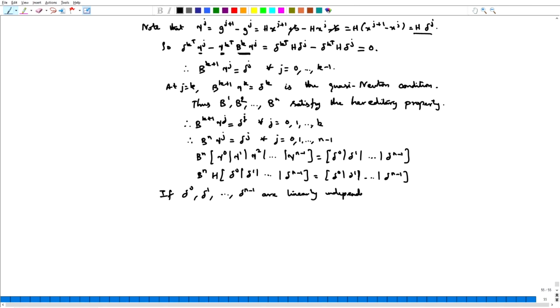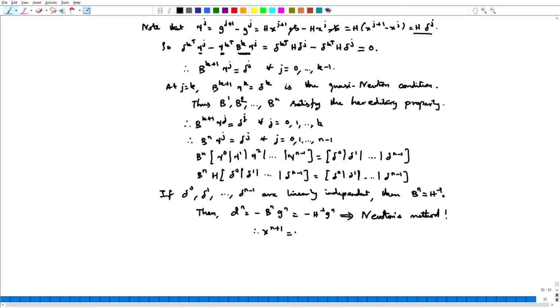If B n is equal to H inverse, then note that d n is minus B n G n, which is minus H inverse G n, and that is what you have. Okay. So, when you use this particular direction, minus H inverse G n, you actually get back Newton's method, and because of that you get the answer in just one step. Okay. So, therefore, x n plus 1 equals x star.